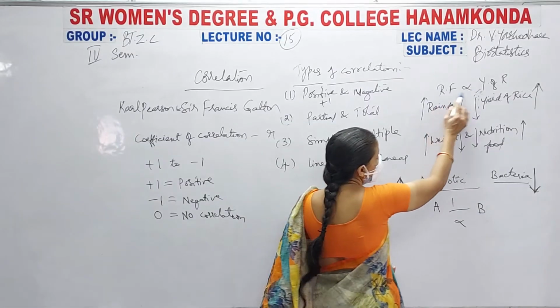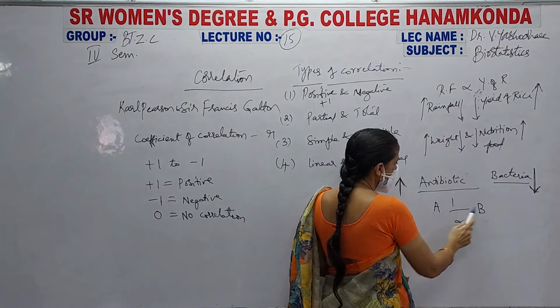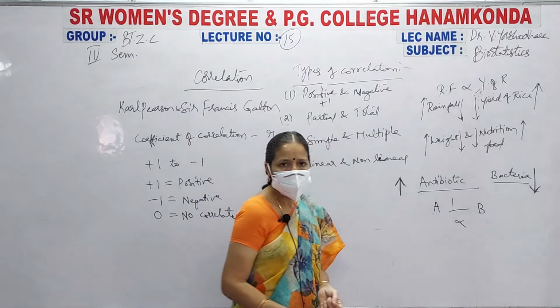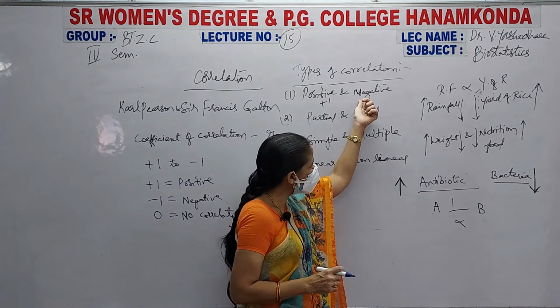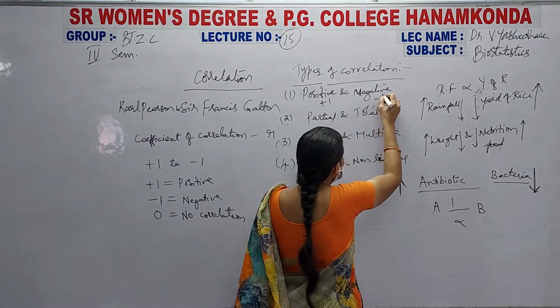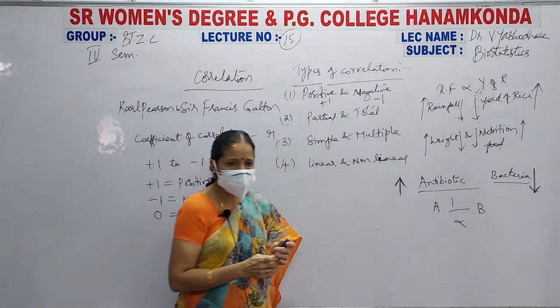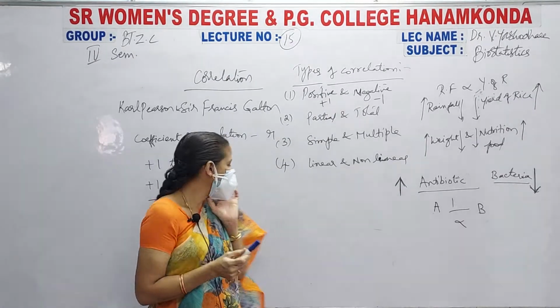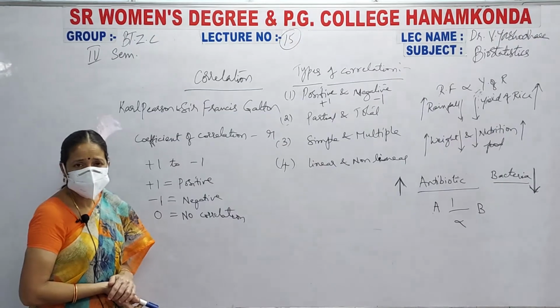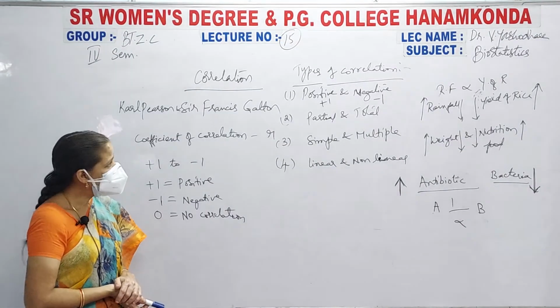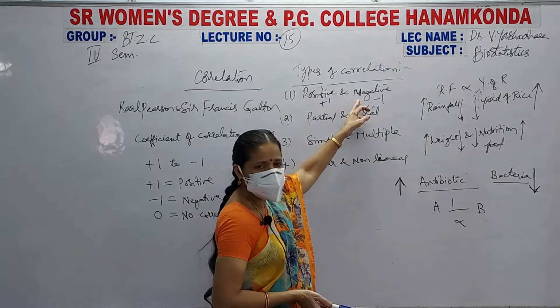Here both are directly proportionate to each other, there both are inversely proportionate to each other. Next one, the negative correlation is represented by -1. Here the correlation is a negative type of correlation, represented by -1. This is about your positive and negative correlation.